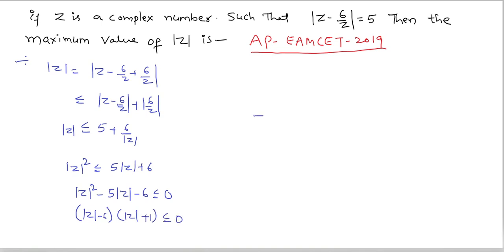From this equation, minus 1 is less than or equal to mod z, which is less than or equal to 6. So the maximum value of mod z is 6. Here the minimum value is minus 1.